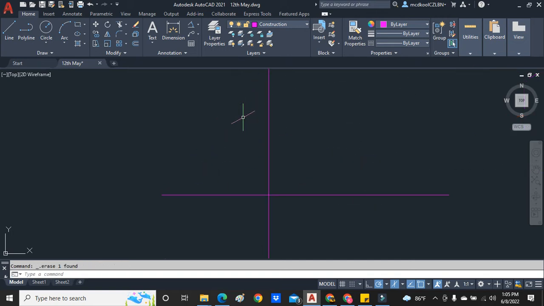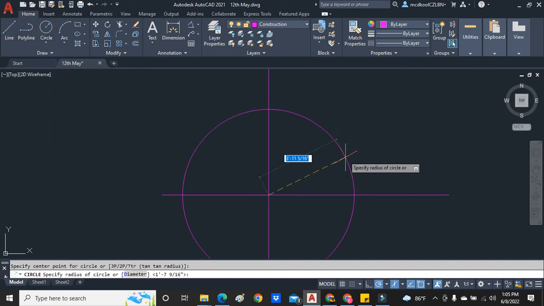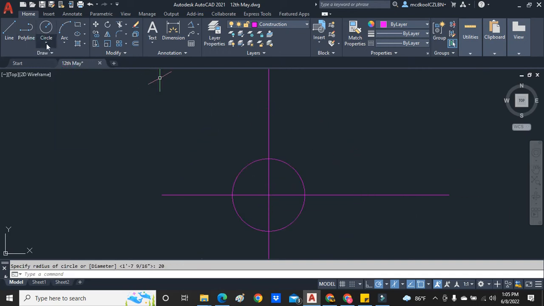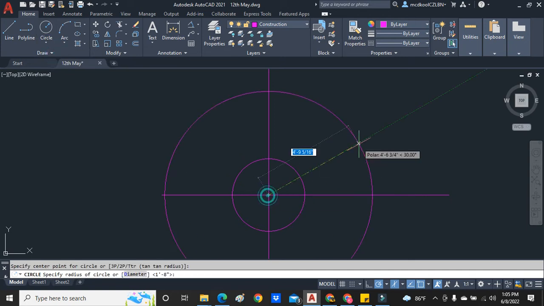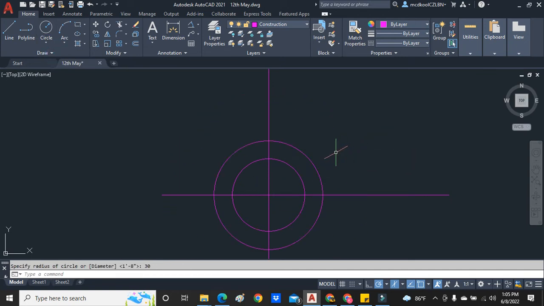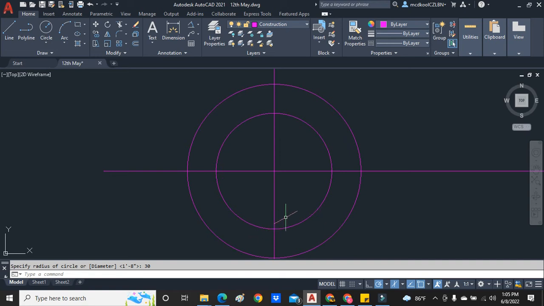You follow me on concentric circles? So we draw a circle here, let's say radius 20, and we draw a second circle, radius 30. Concentric circles have what? The same center. You follow me so far?